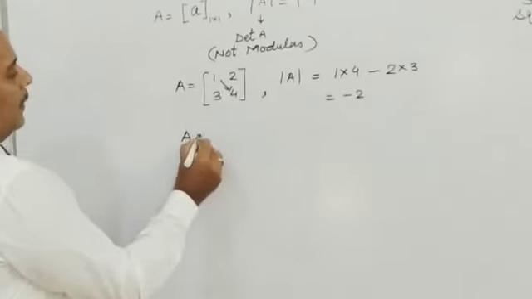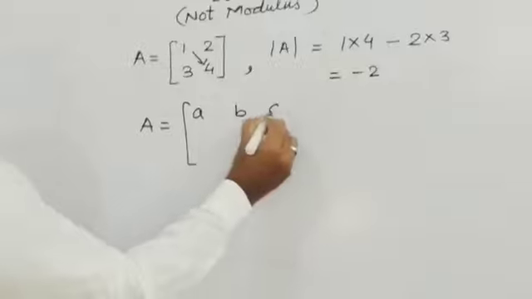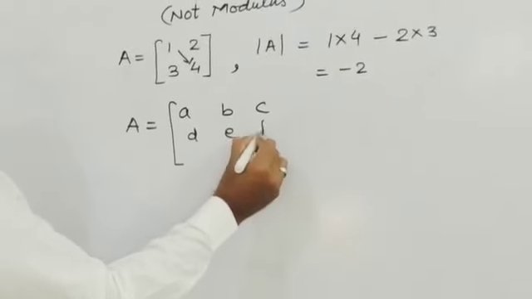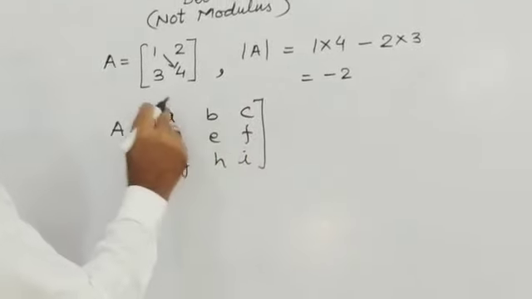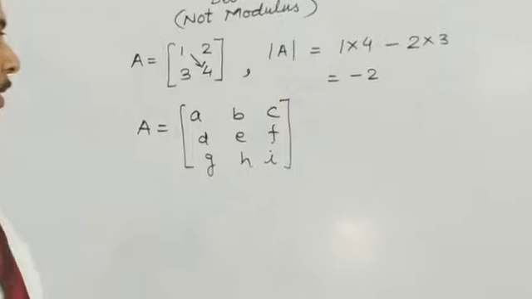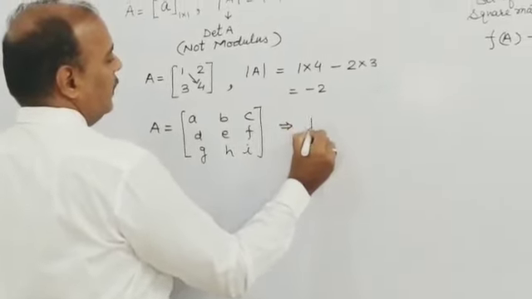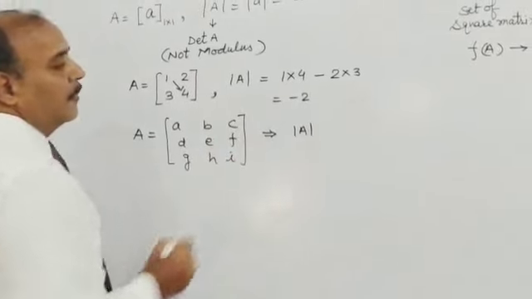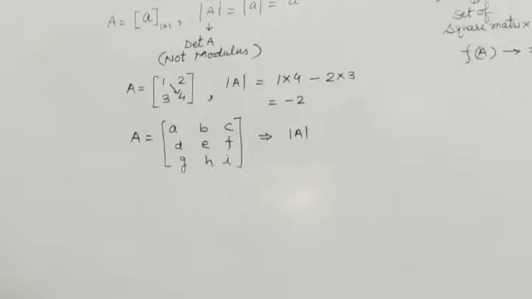If we are taking a 3 cross 3 matrix, then we can solve its determinant by using any row or any column.